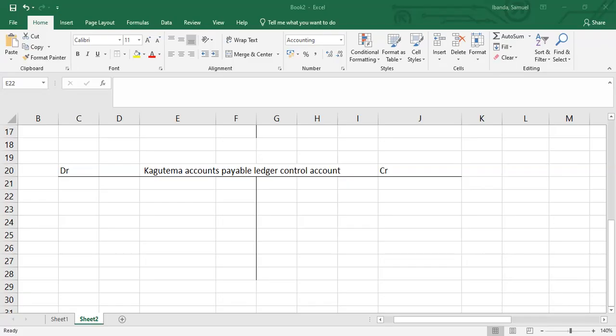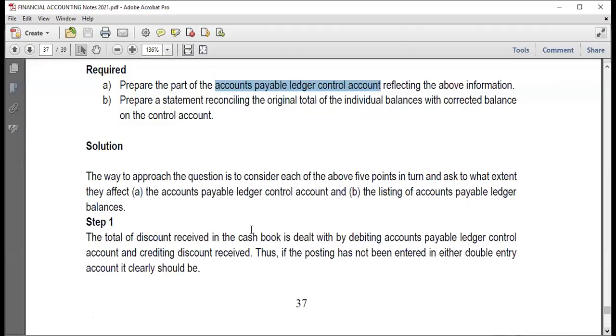Now, before we actually look at how to attempt this, I want to give you certain steps that you should take. We can try to go through them together here, okay? So the way to approach this question is to consider each of the 5 points in turn and ask to what extent they affect the accounts payable ledger account.